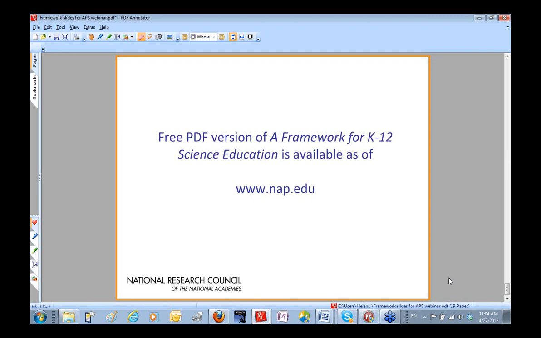But teacher professional development is generally organized at the district level and then by professional organizations. So AAPT, NSTA, organizations such as that are the places where a lot of teacher professional development happens for the teachers who are in the know about how to develop themselves professionally.